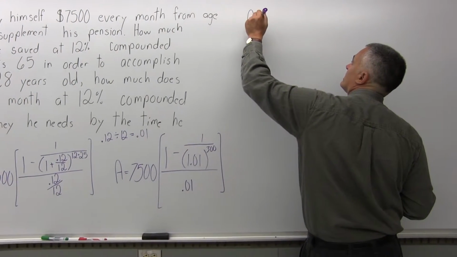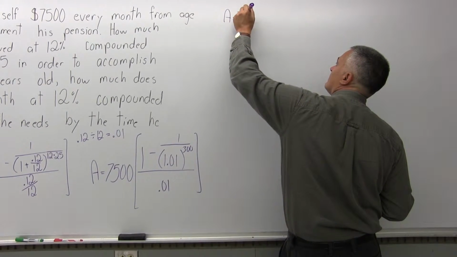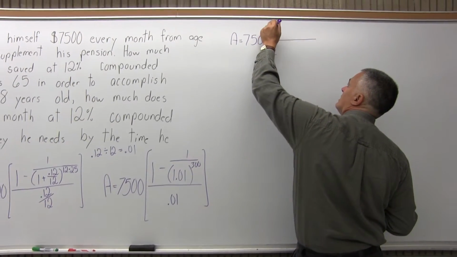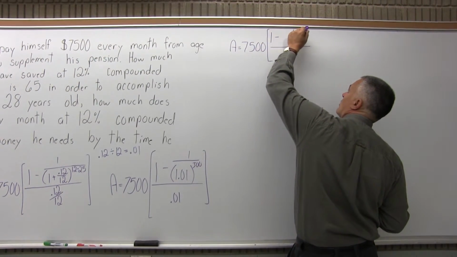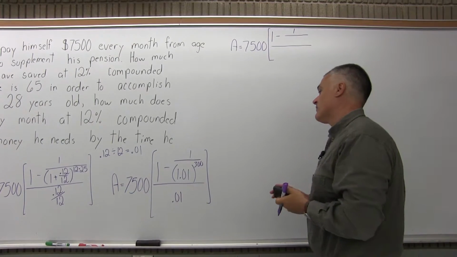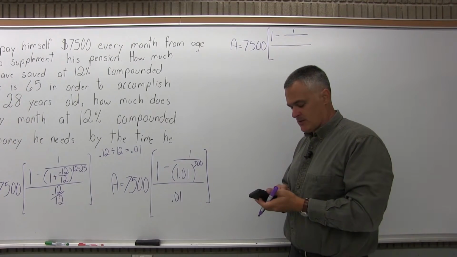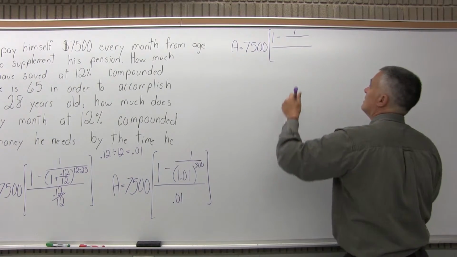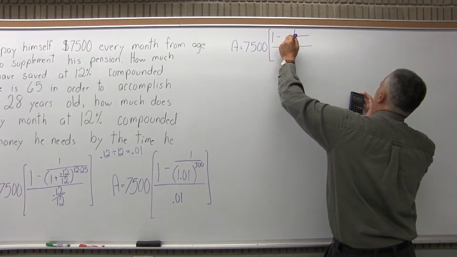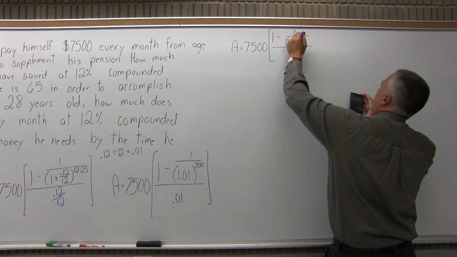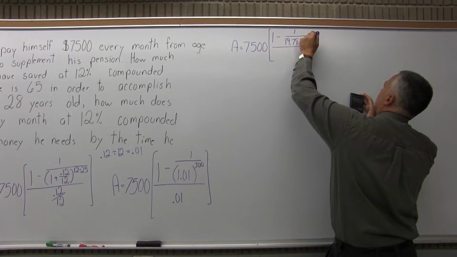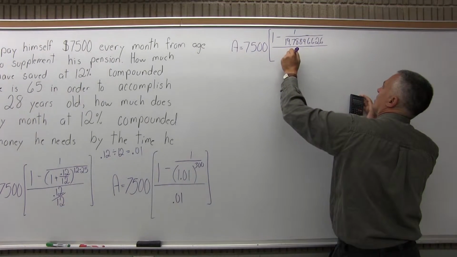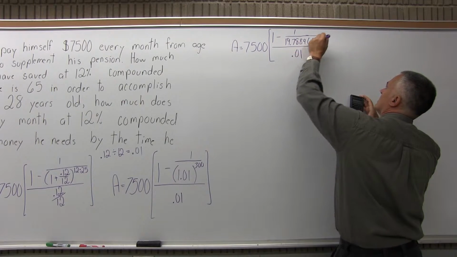So as I write the formula now, I'm going to have A equals 7,500 times, in the brackets and numerator, 1 minus 1 over whatever I get for 1.01 to the 300th power. My calculator tells me fairly quickly that that answer is 19.78846626. And in the denominator of the brackets, I still have 0.01.